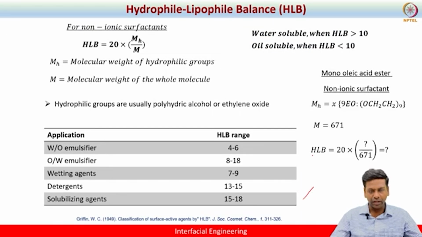What Griffin has done is tabulate a range of HLB for different applications. For example, if the HLB range of a given surfactant is, let's say, 4 to 6, then you can say that this particular surfactant will most likely stabilize a water in oil emulsion.